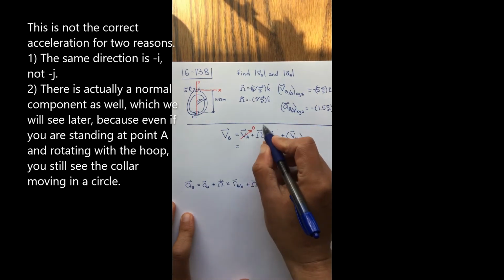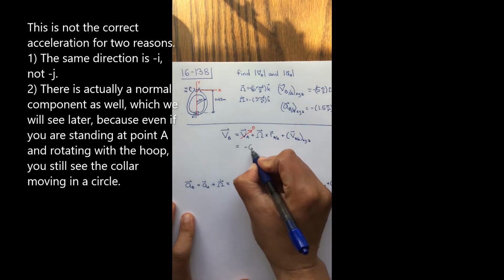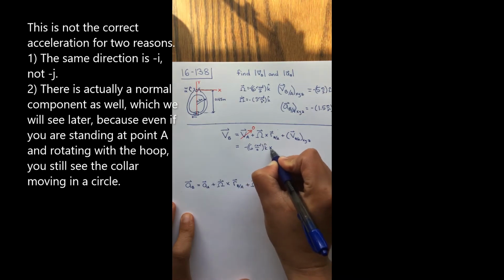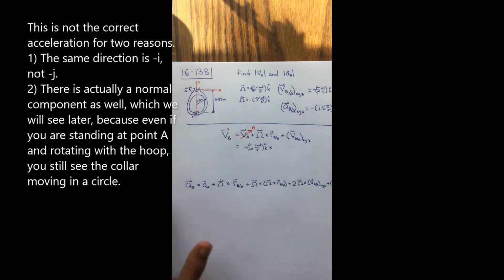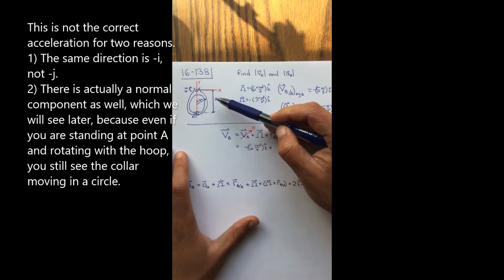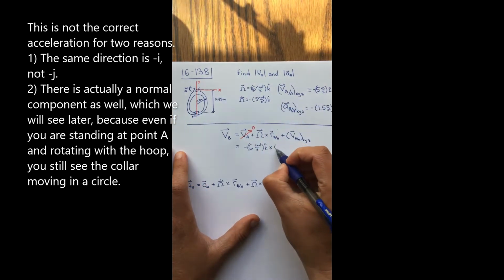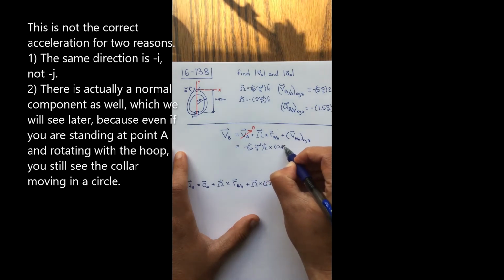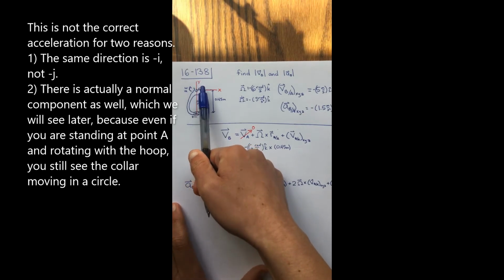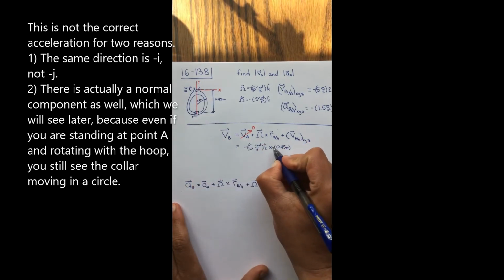Okay, angular velocity is negative 6 radians per second in the k hat direction crossed with my position vector. I didn't figure out what my position vector is yet, but this is point A, this is point B. That distance is 0.45 meters. So the distance from point A to point B is 0.45 meters, pointing from point A to point B in the negative j hat direction.